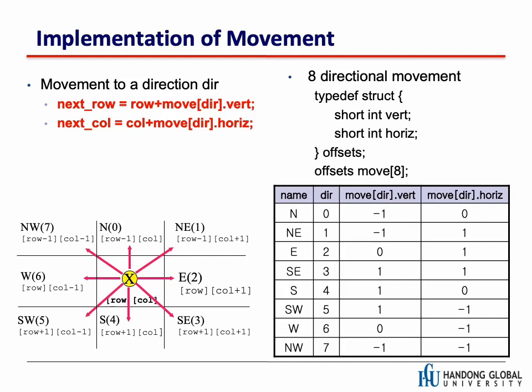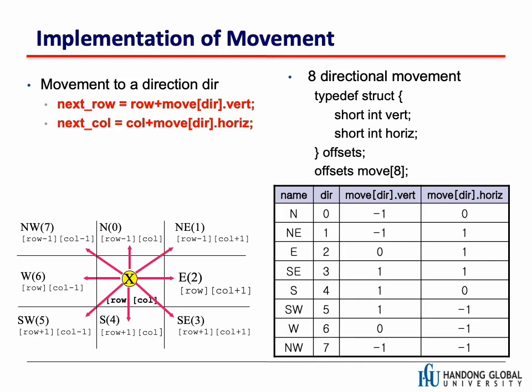If the vertical is -1 and horizontal is 0, then it goes up. And if the vertical is -1 and horizontal is 1, then it goes to the northeast side. Likewise, with these 2 variables, we can represent 8 directions.